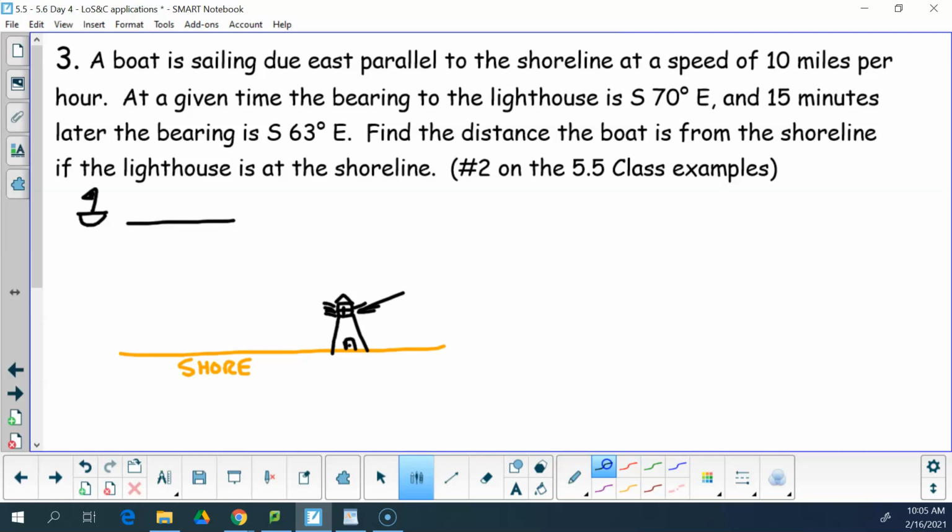At the first moment, we are south 70 degrees and east, which means then that this angle inside this potential triangle would be 20 degrees.